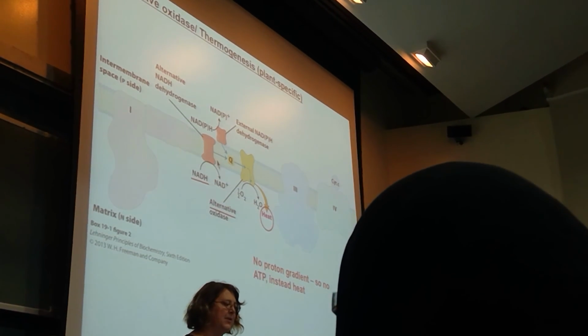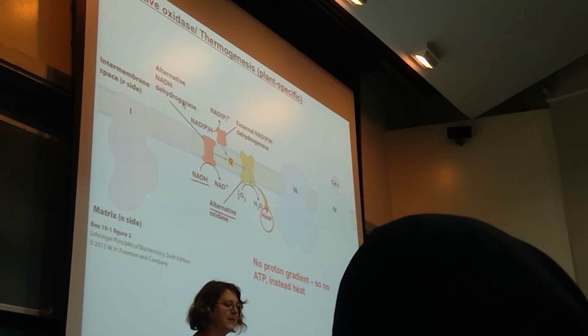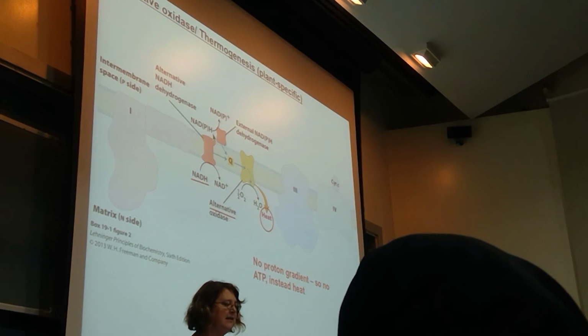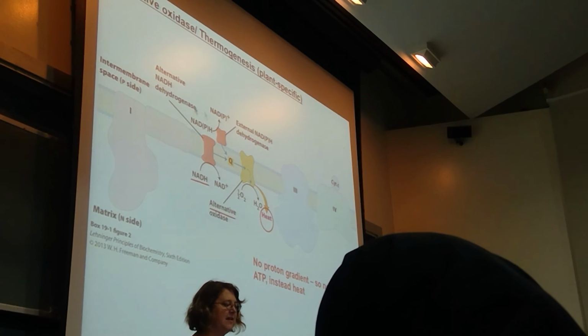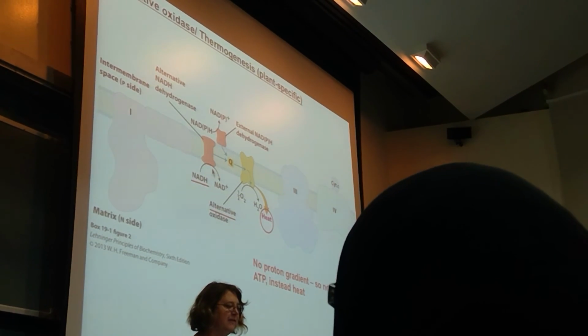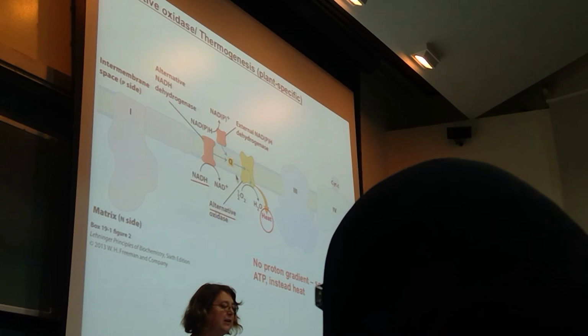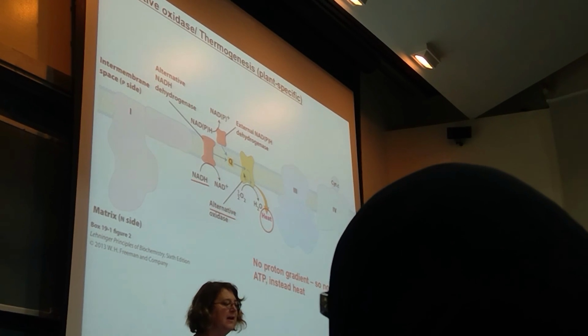Instead, it's taking NADH coming in on this side of the membrane, and NADPH on the other side, on the P side, and it's using the reduction potential from both of those to reduce Q. It's just not showing it in the picture. And then the reduced Q, QH2, serves to reduce oxygen to water.